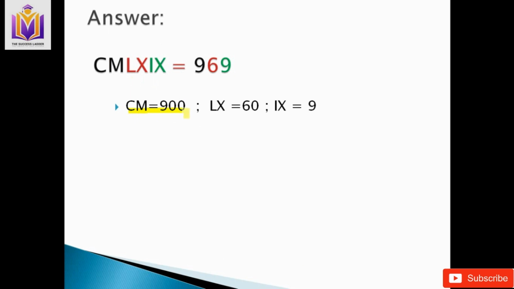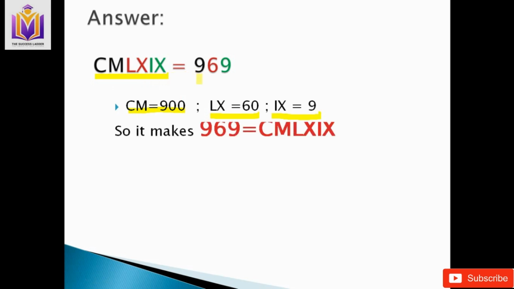CM stands for 900. You can also check the table. So CM stands for 900. Then LX stands for 60 and IX stands for 9. So making it all together, combining it all together, it has become 969.